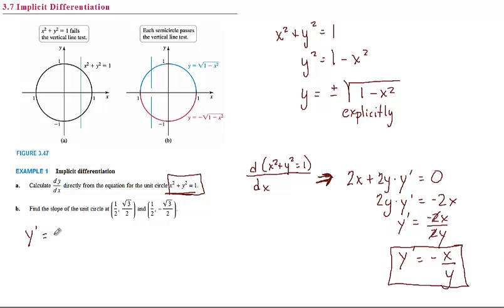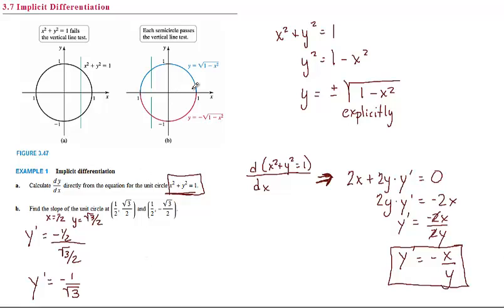I want to find y prime for x equals 1/2, y equals square root of 3 over 2. So this tells me that the answer is negative 1/2, the x value, over the y value, which is square root of 3 over 2. Crunching this out, I get negative 1 over square root of 3.